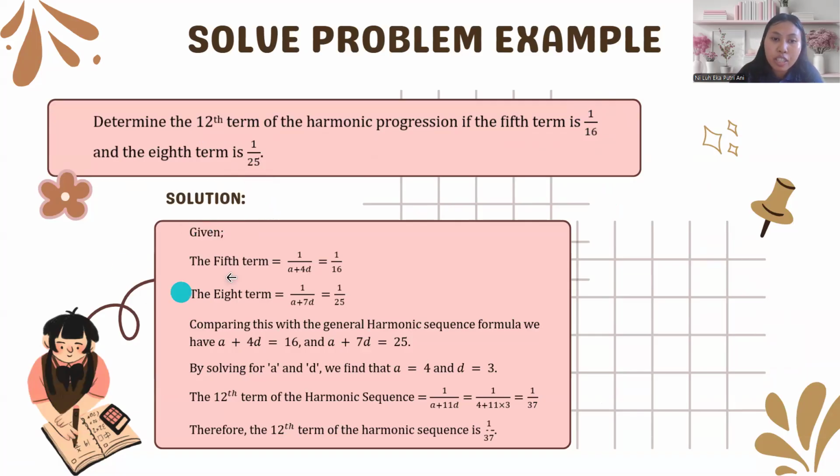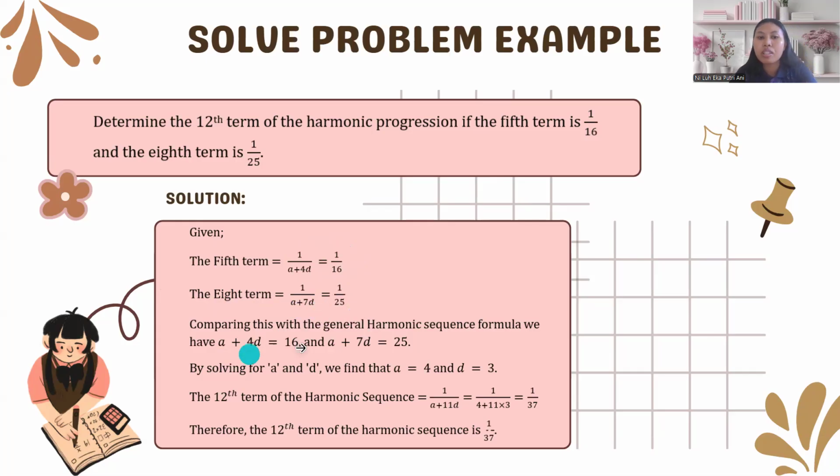Given the fifth term is 1 over a plus 4d, which is 1 over 16, and the eighth term is 1 over a plus 7 times d, which is 1 over 25.